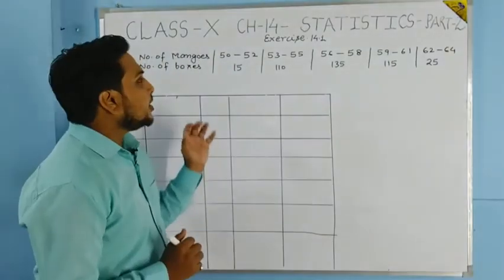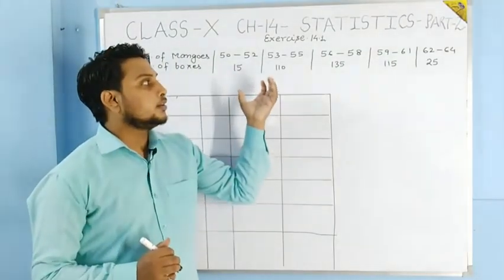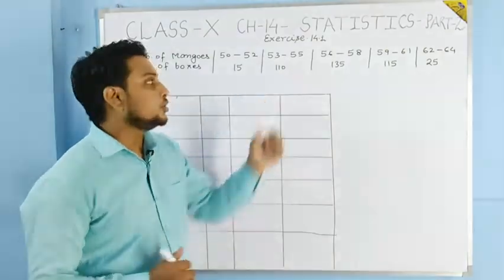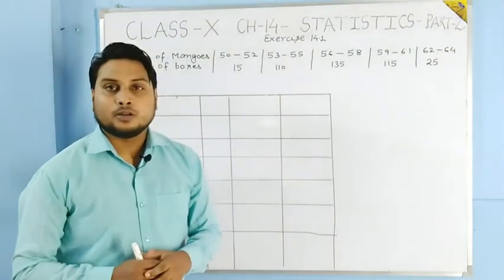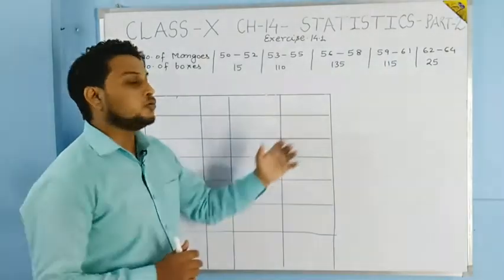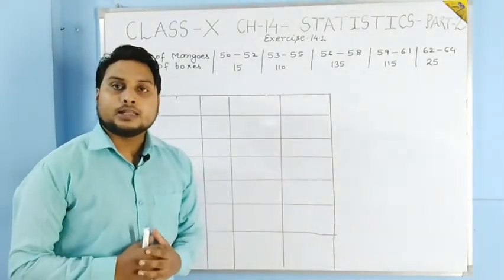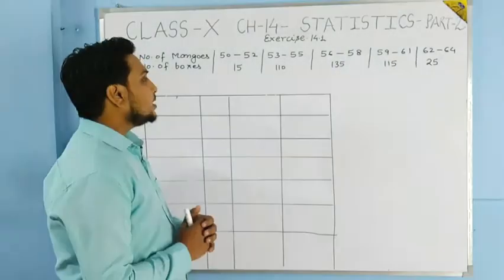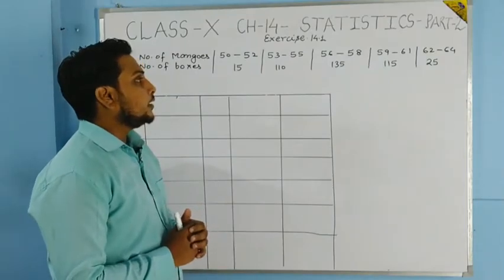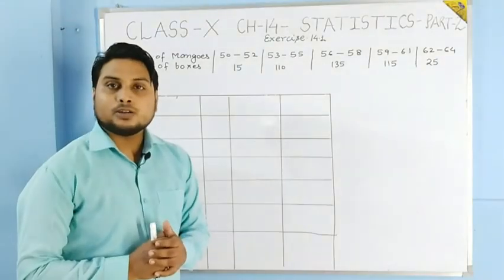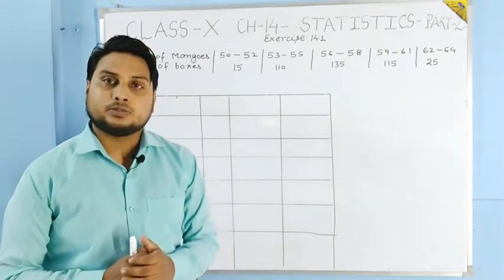Okay students, one thing is different in this question from the other questions. What is the difference between the other questions that we have solved and this question? The difference is that this is not a continuous frequency distribution.